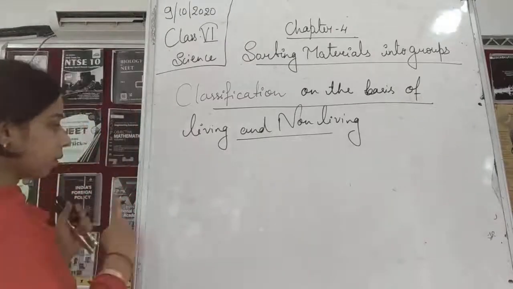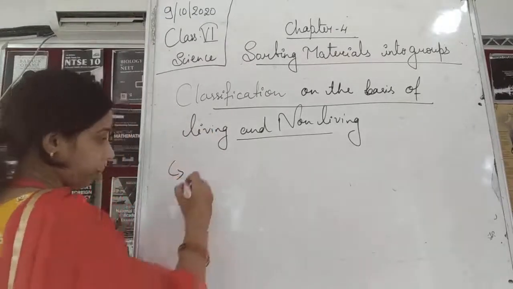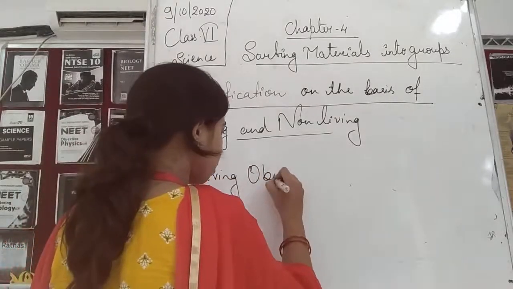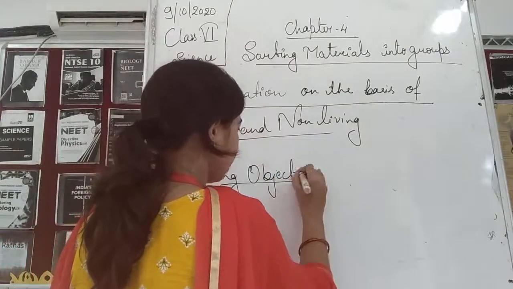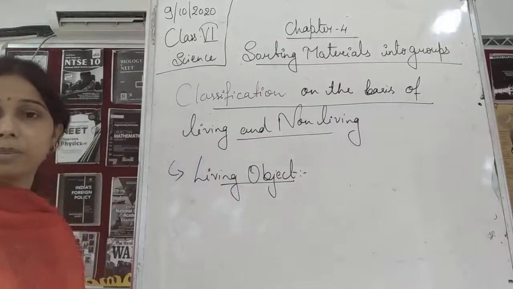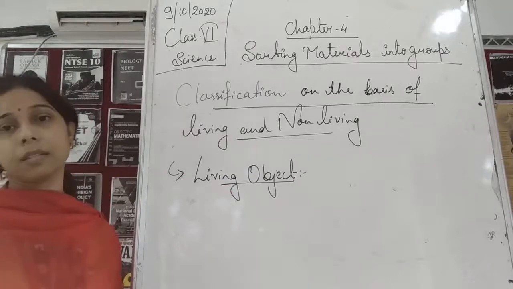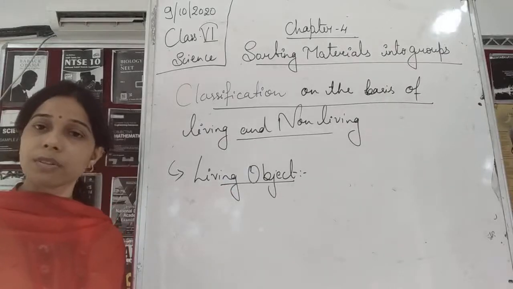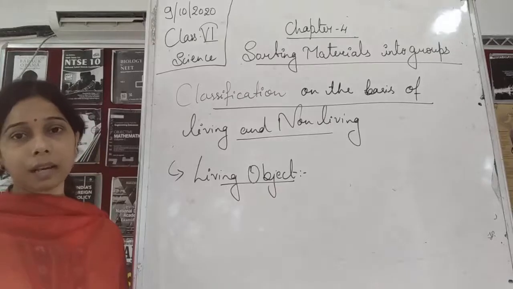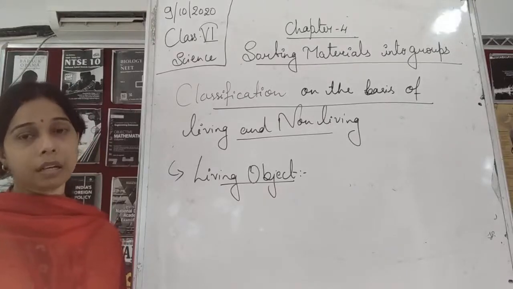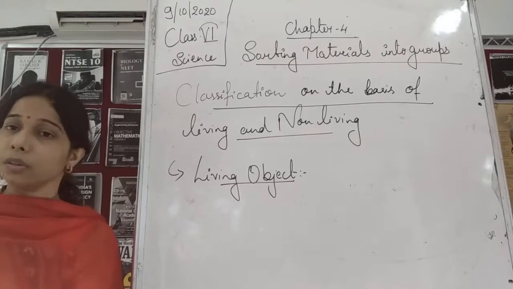Okay? So, living objects. There are a lot of objects, students, which are living organisms. Now, what are living organisms? Living organisms show some properties, and on the basis of those properties we will say whether these objects belong to the living or the non-living.